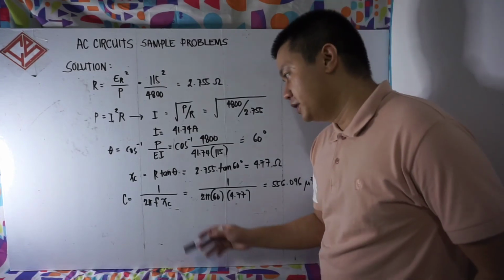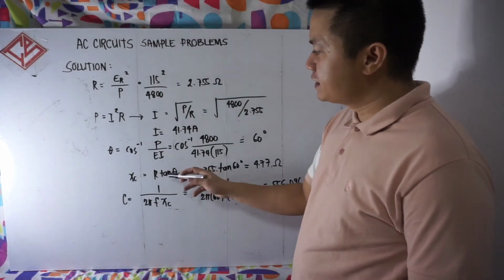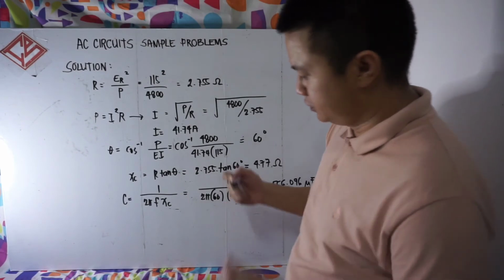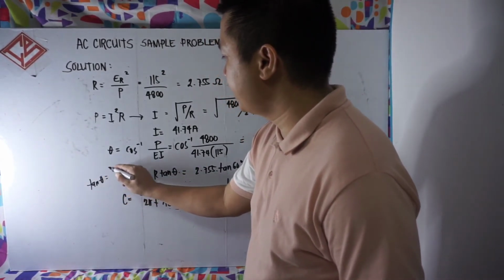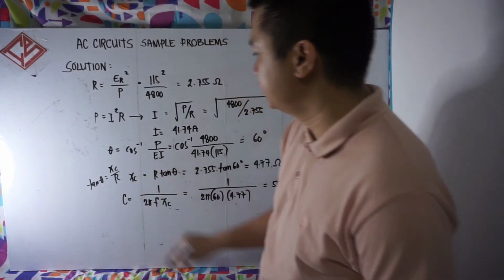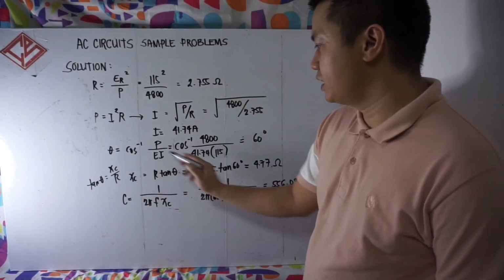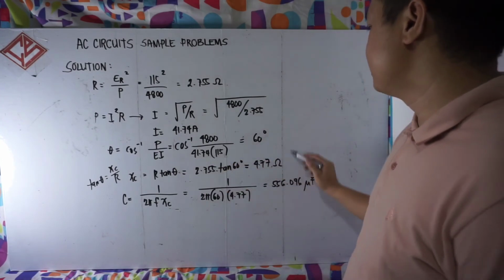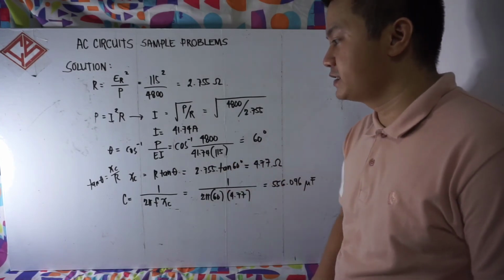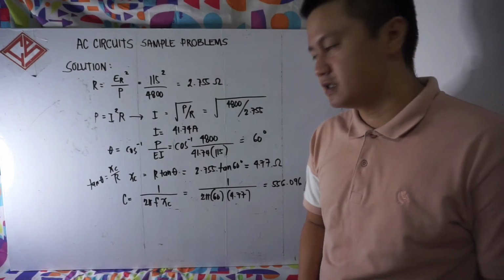Now we know that tangent of theta is equal to XC over R. So you will have XC equals R times tangent of theta. So you will have 4.77 ohms as your value of the XC, or the capacitive reactance.